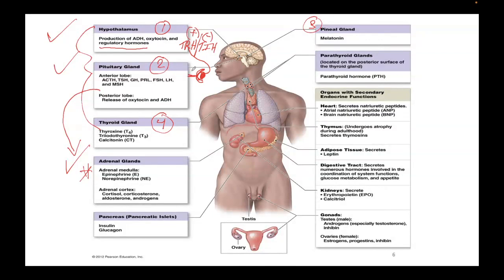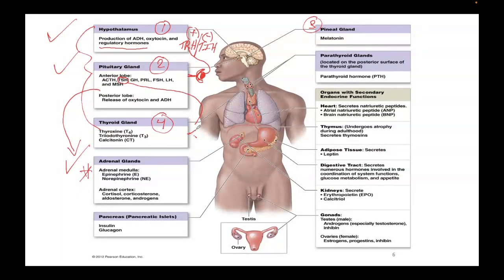And when thyroid releasing hormone hits the pituitary, it can signal the pituitary to release thyroid stimulating hormone, right? TSH.